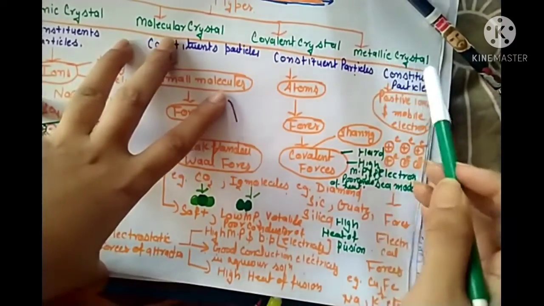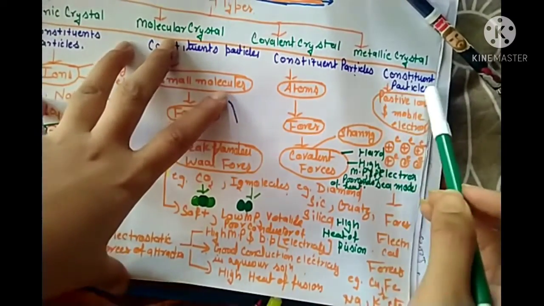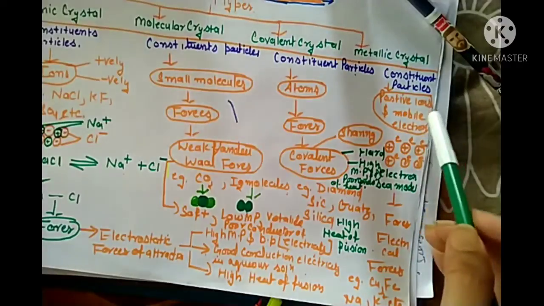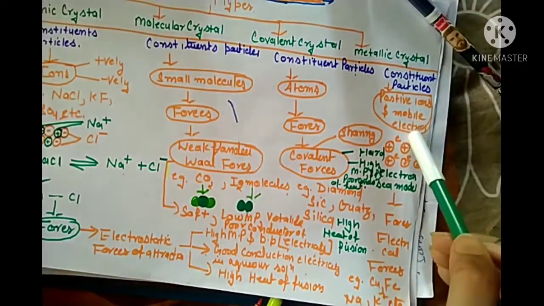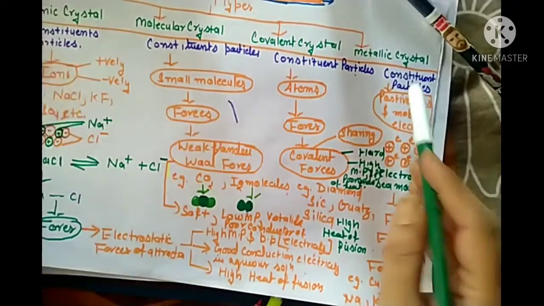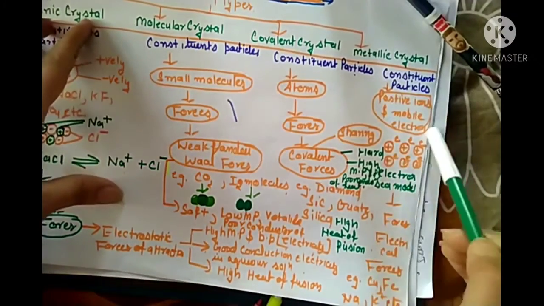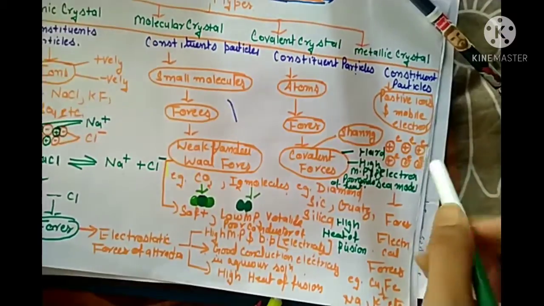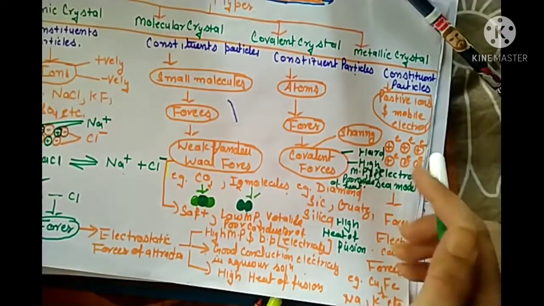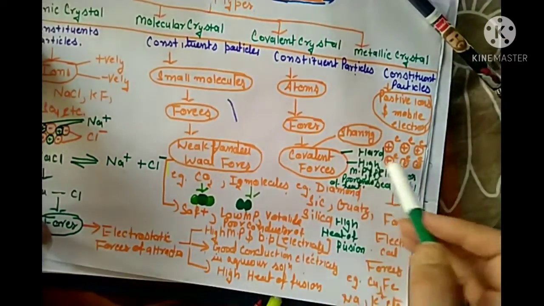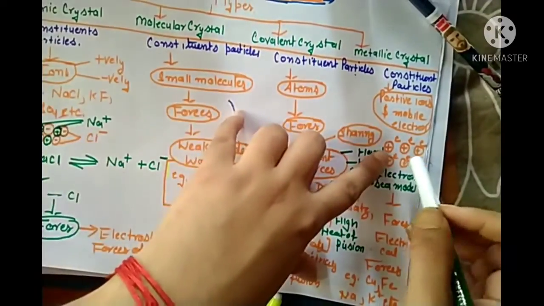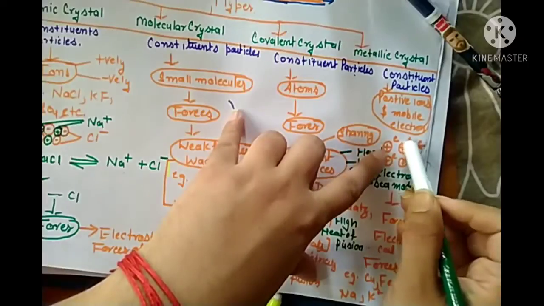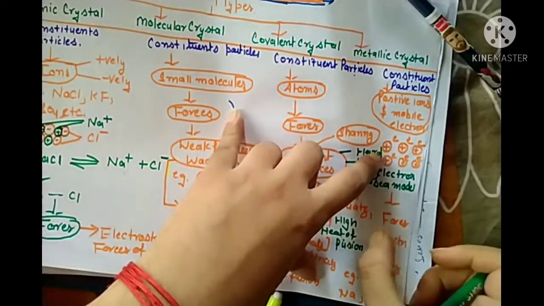Next we have metallic crystal, in which constituent particles are positively charged ions and mobile electrons, because metallic character is formed by the loss of electrons. It is a characteristic of metals to have a tendency to lose electrons, so by losing electrons they form positively charged ions.